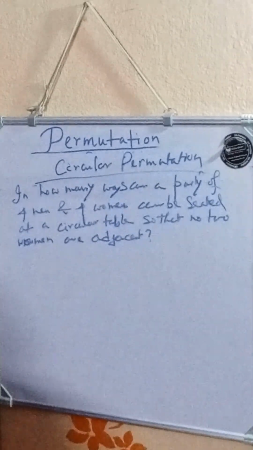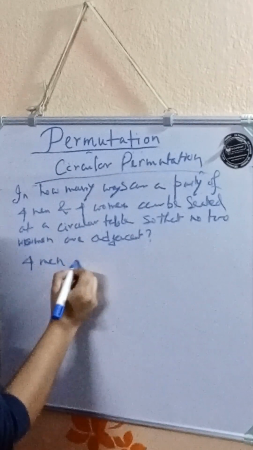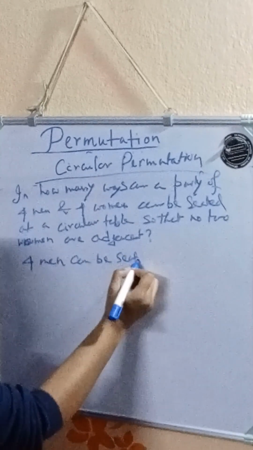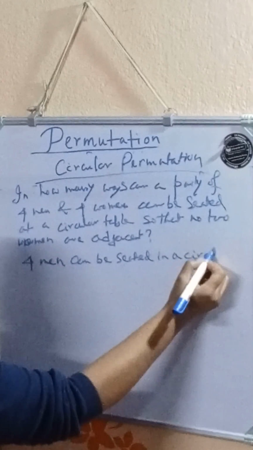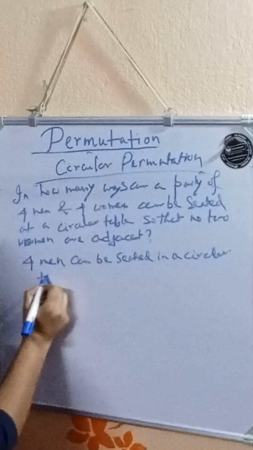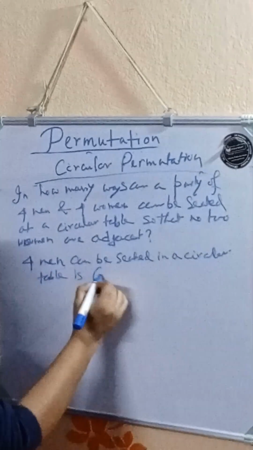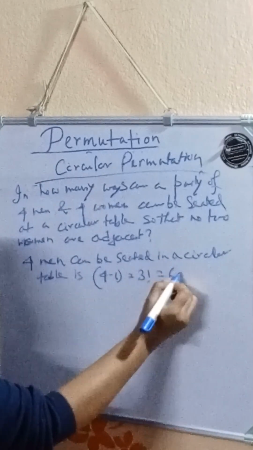The 4 men can be seated at a circular table in factorial n minus 1, that is, 4 minus 1 factorial, which equals 6 ways.